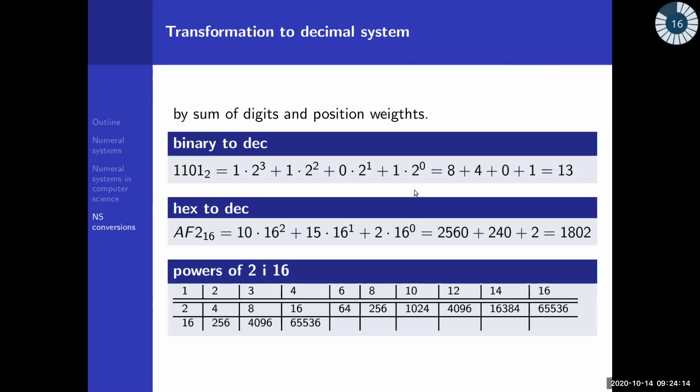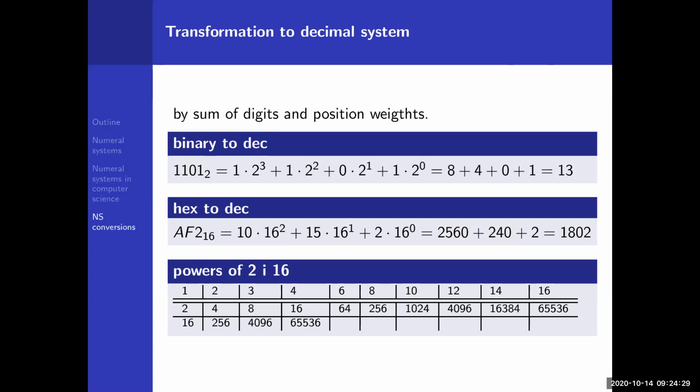Okay. So now the final information about numeral systems.